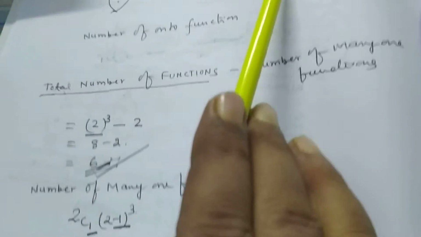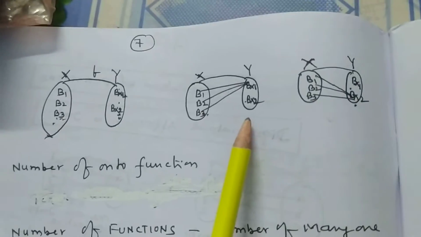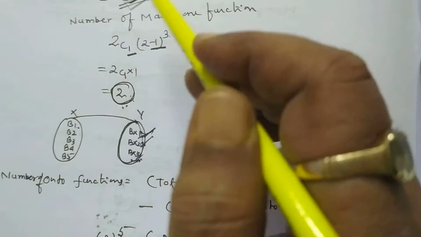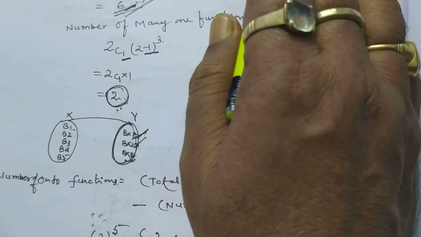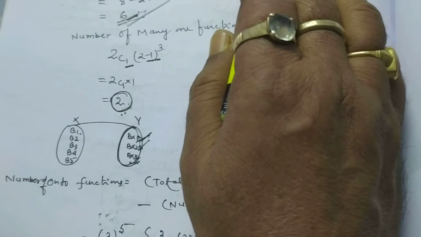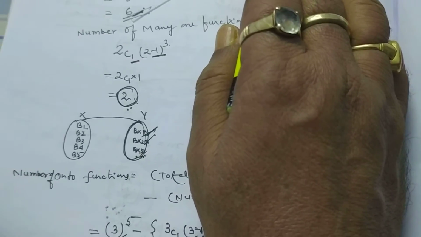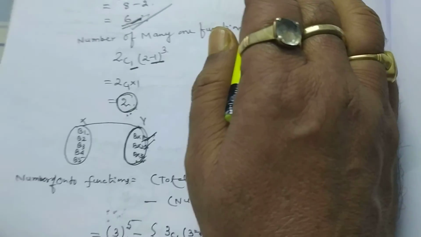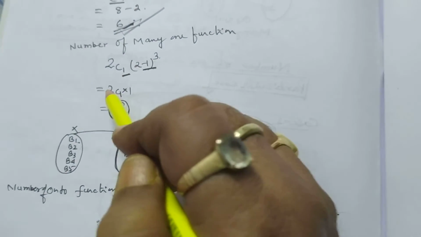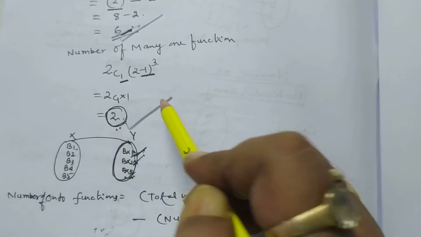First we select one box out of 2, so 2C1, and now we have one box empty, 2 minus 1, and it can be filled in 3 ways. So (2 minus 1) to the power 3. So 2C1 into 1 is 2.